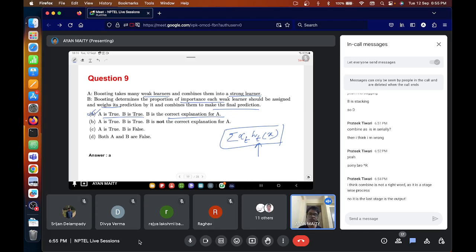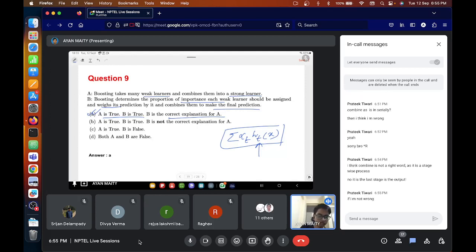So to get the final prediction you have to combine the outputs of all the weak learners. This is why I am saying combine.